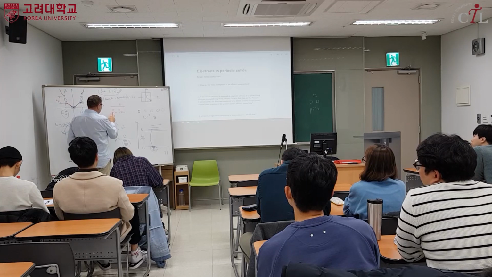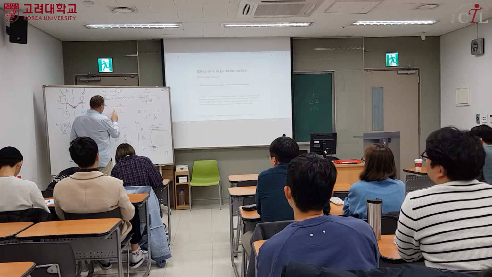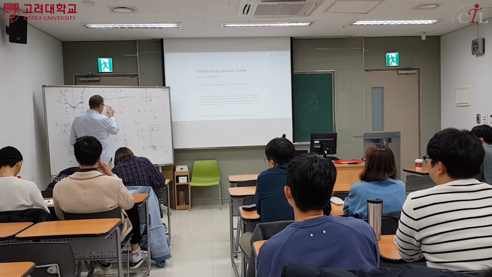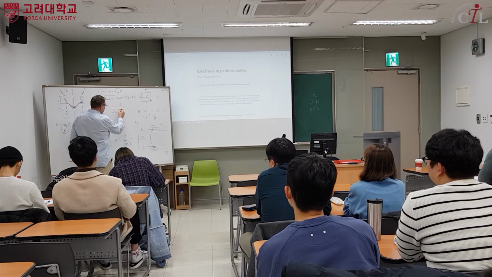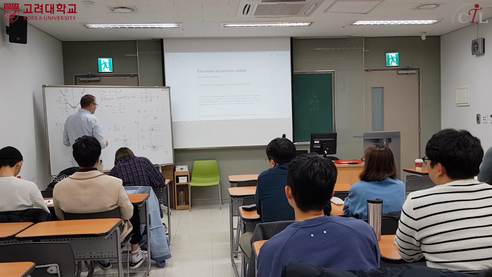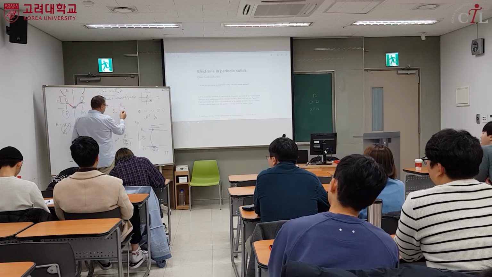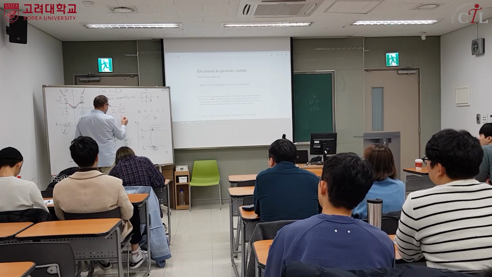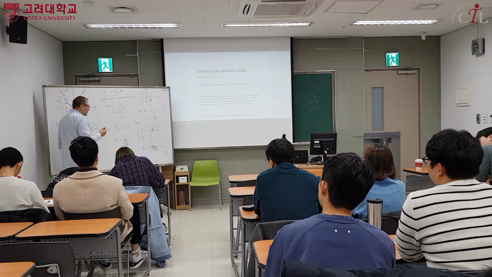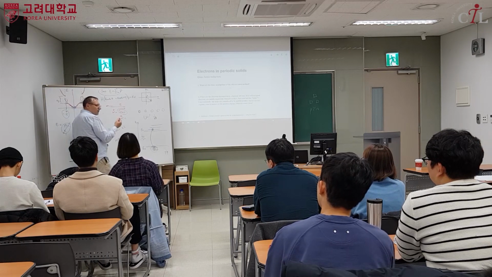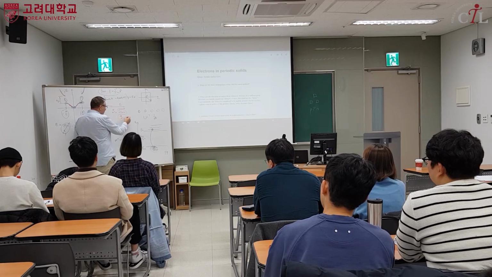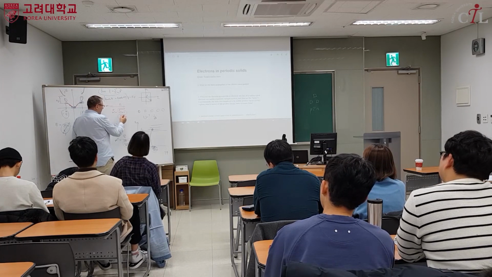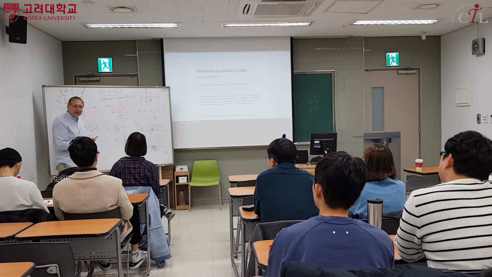Then this one will move in that direction, but this one will move along with the field. This particle will move exactly like it would have positive charge and positive effective mass. And then we say, okay, to avoid trouble, we call these holes, even though these holes are electrons.